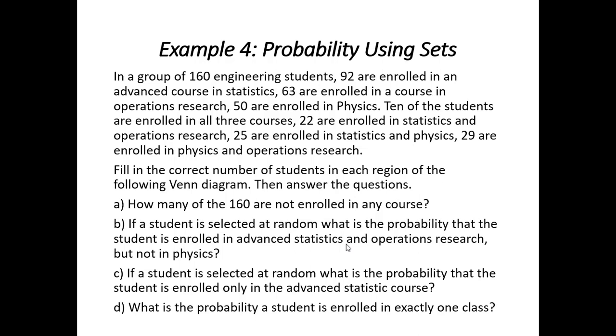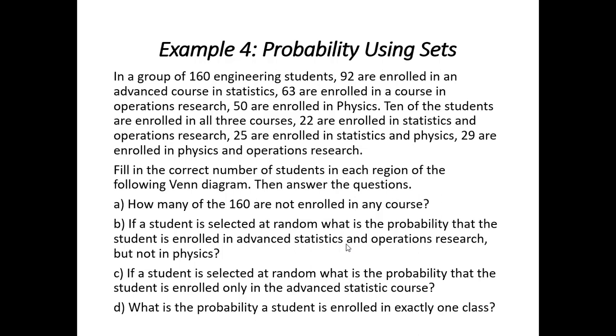Okay, so we've talked about probability, just using basic ideas of probability using formulas. Another way to approach probability is using sets, and here we could either work this out with Venn diagrams or we use union and intersection operations.